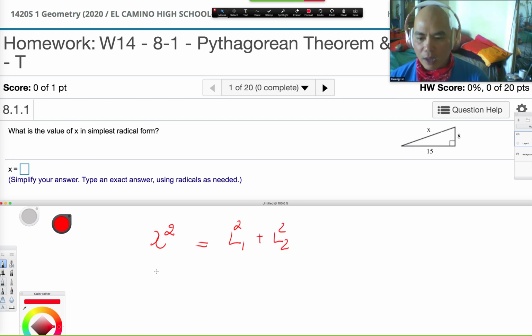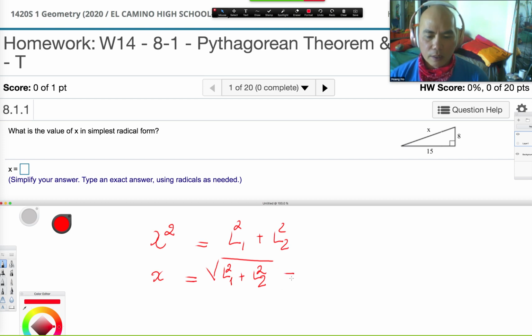So if you want to find the hypotenuse, you take the square root of the two legs, square root of the two legs squared and added to each other inside the square root.